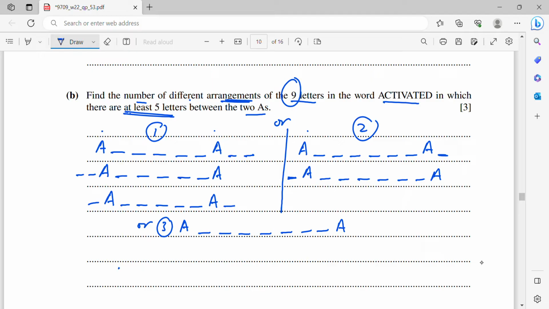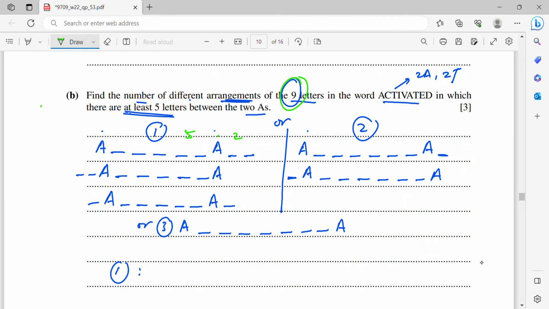So for the first case, the number of arrangements will be, now remember, here we have 2 A's and 2 T's. So don't forget, total 9, you minus 2, that means I still have 7 in total. Here 5, here 2.